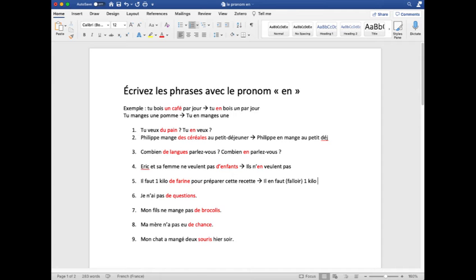Il en faut 1 kilo pour préparer cette recette. Okay. And notice here again, I need to be specific, right? Or else if I didn't have kilo, il en faut pour préparer cette recette, I would just assume that you're talking about you only need flour to make this recipe.